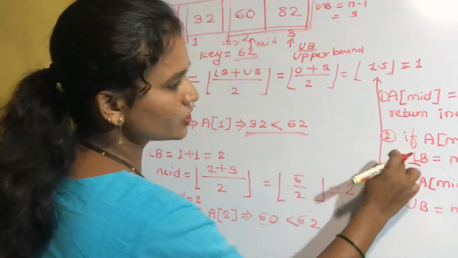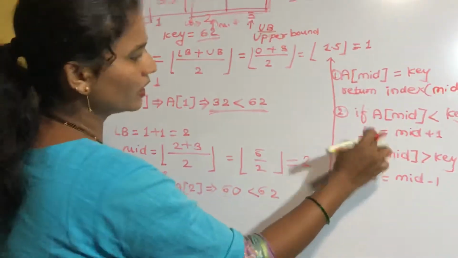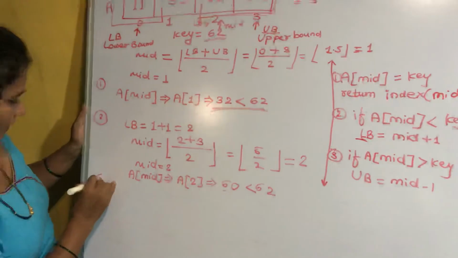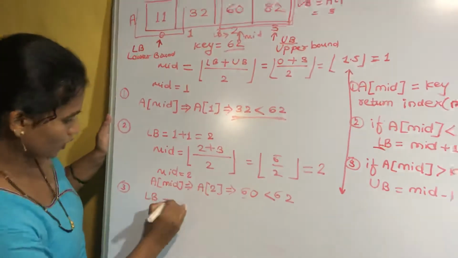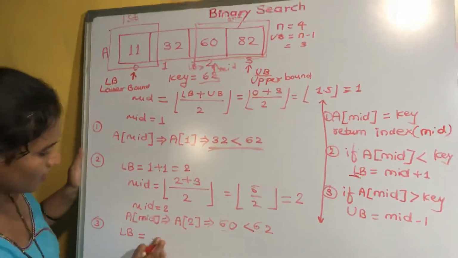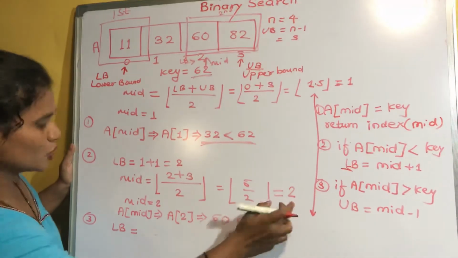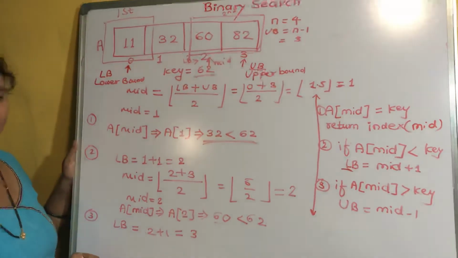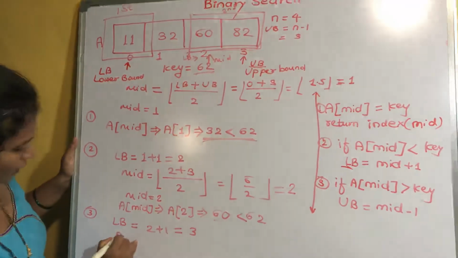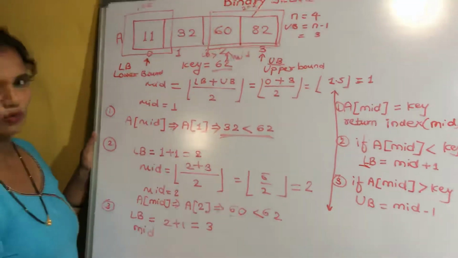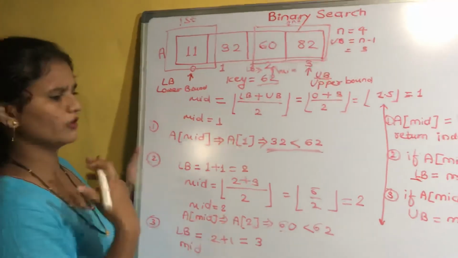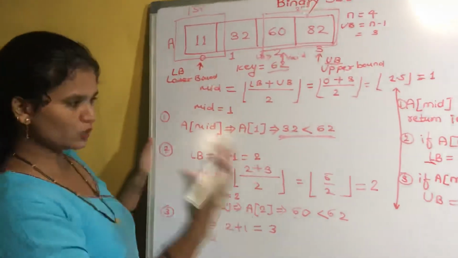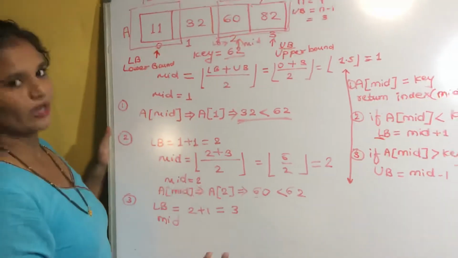Again this condition means we have to update our lower bound. So lower bound equals mid plus 1. Our value of mid is what here? 2. That is 2 plus 1 equals 3. Same procedure we have to follow: we update LB or UB, whatever we need to update, and then again calculate the value of mid.